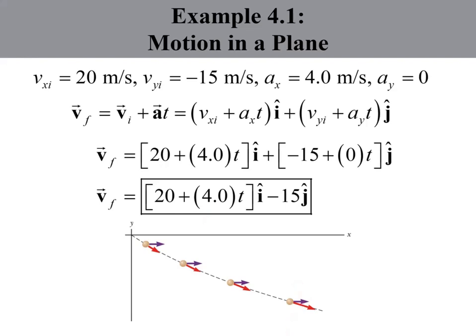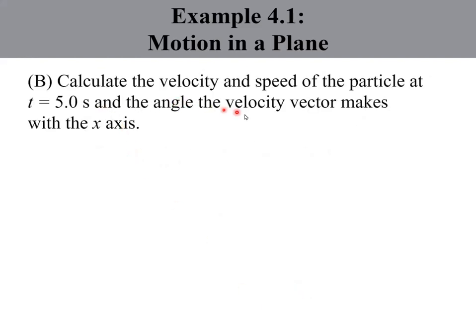Right, so next question, B. Calculate the velocity and speed of the particle at t equals 5 seconds, and the angle the velocity vector makes with the x axis. So now we want to calculate velocity and speed of the particle at t equals 5 seconds.